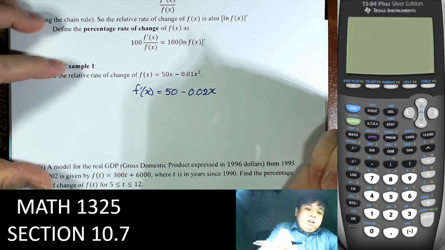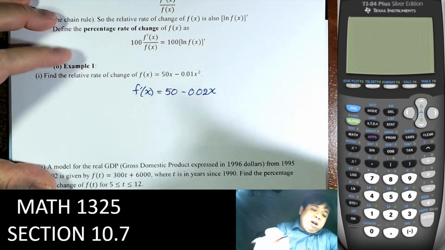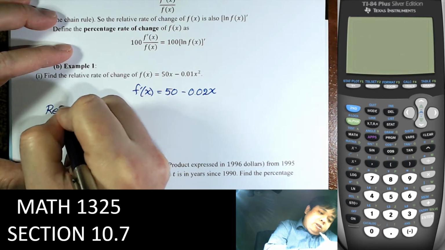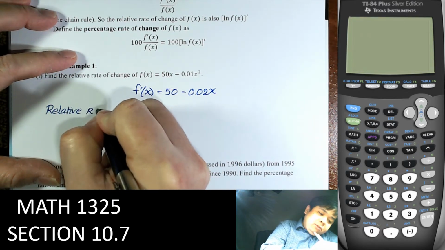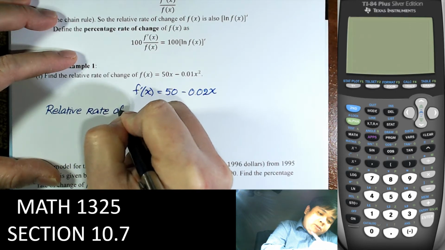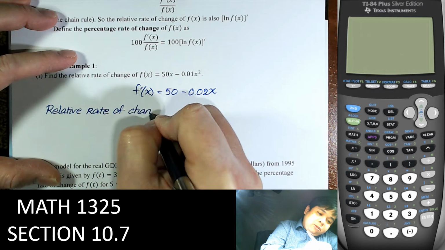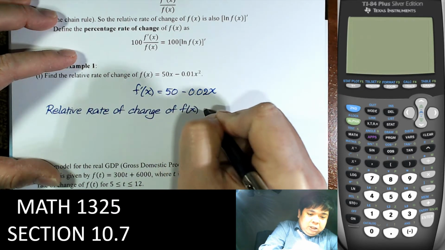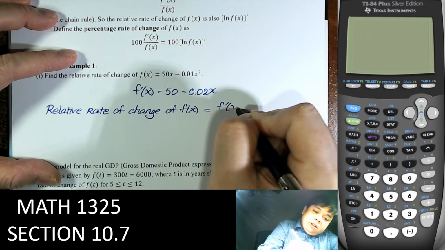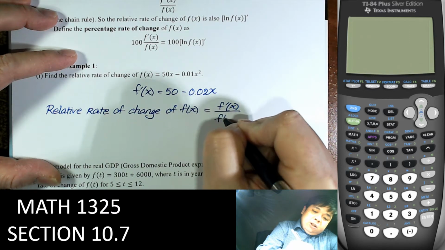And for the relative rate of change, we take the derivative divided by the function. The relative rate of change of the function is the derivative over the function.